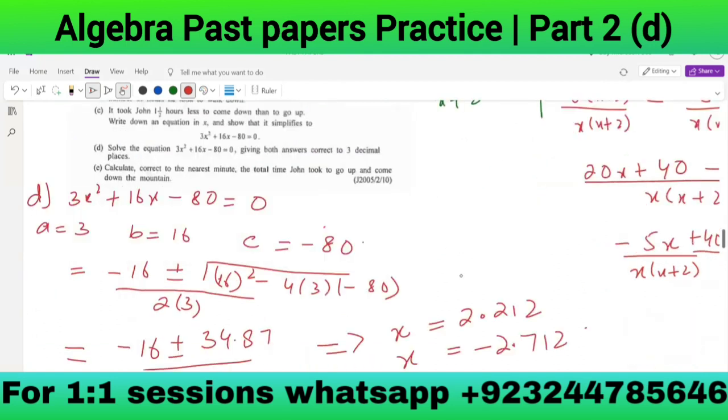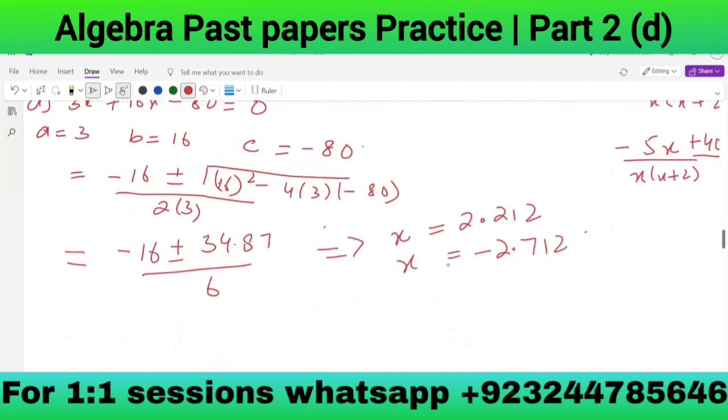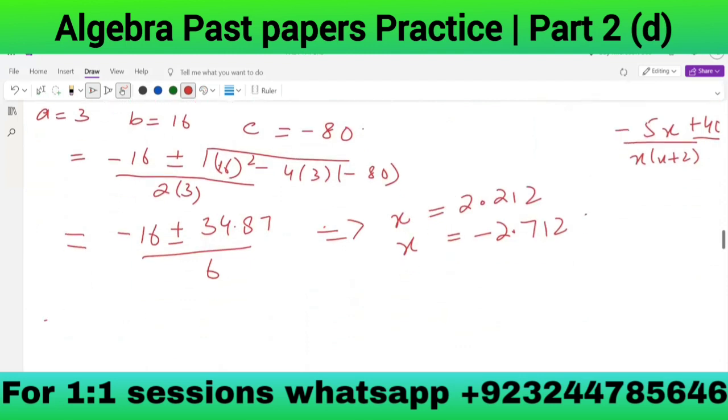So obviously for the time, we're going to choose a positive value. This was the total time, right? 20 by x plus 25 by x plus 2 was the total time. Yes. So we can take the value of x as 2.2.